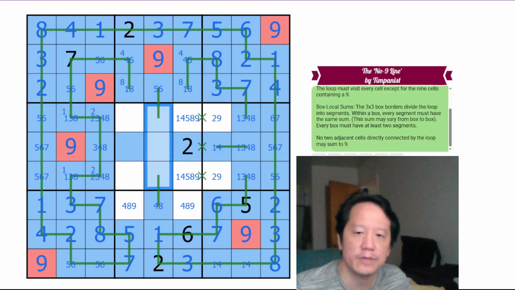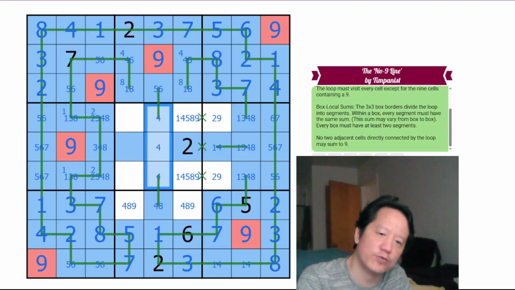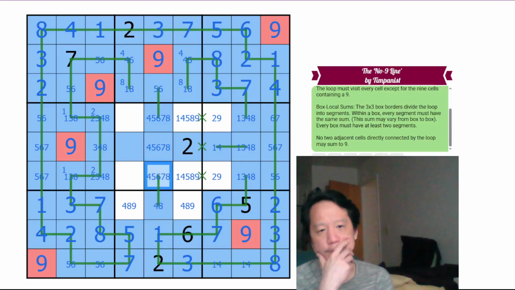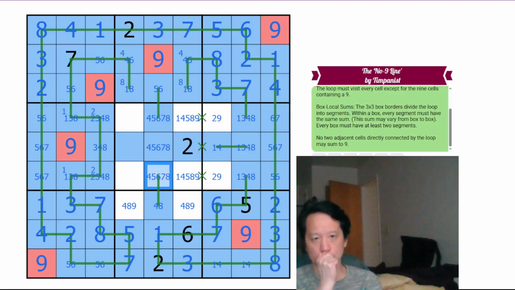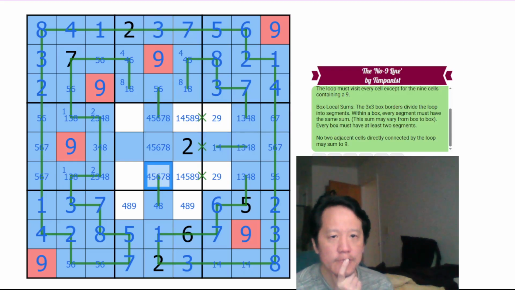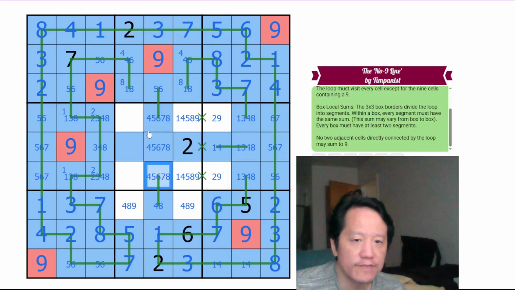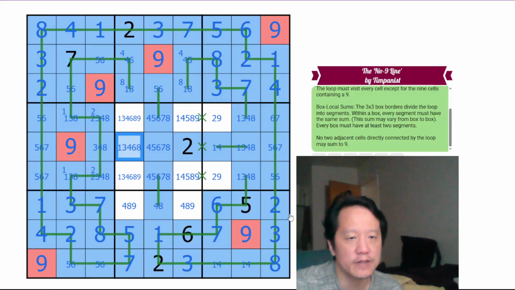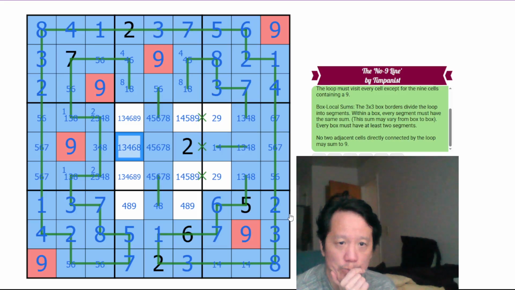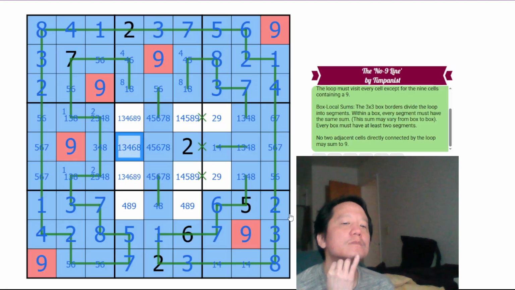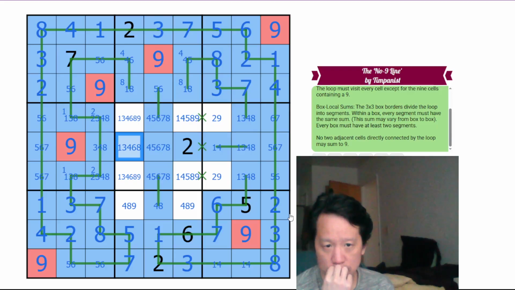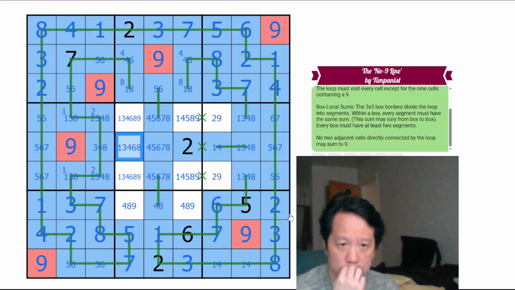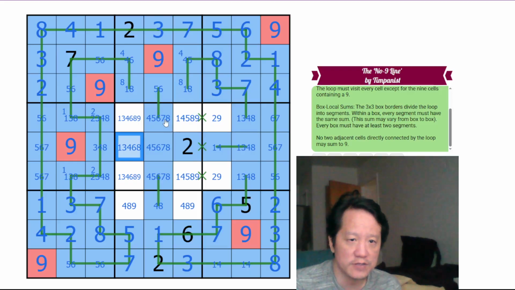Remaining digits of column 5. We have 4 through 8. Remaining digits of column 4. We have 1, 3, 4, 6, 8, 9. Obviously no 9 there. So we're guaranteed one of these is a 7.